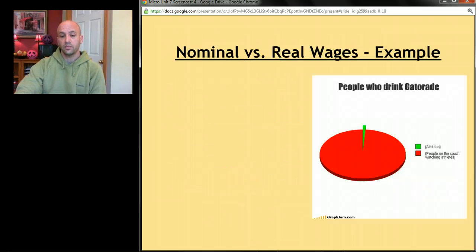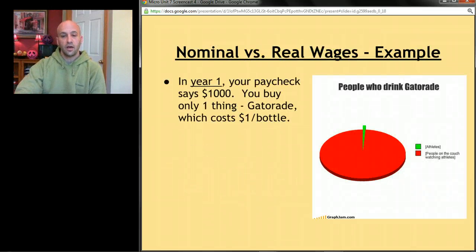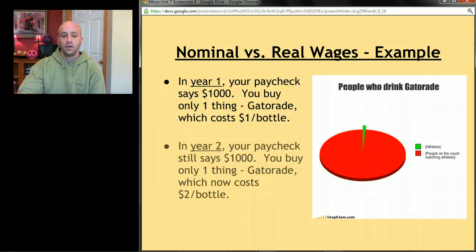So, simple example. Let's say that you buy Gatorade, and in year one you have a paycheck that says $1,000, and the only thing you buy is Gatorade, which costs $1 a bottle. In year two, your paycheck still says $1,000 and you still only buy Gatorade, but now Gatorade changes price to $2 a bottle.